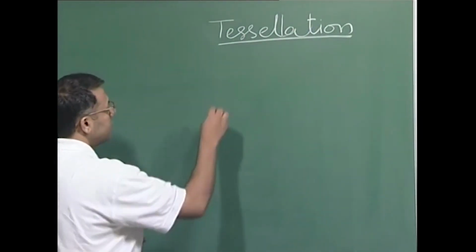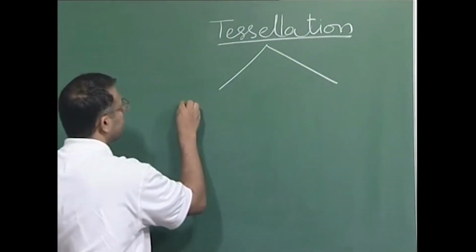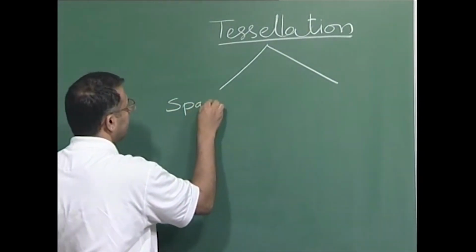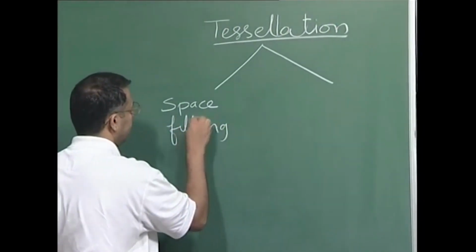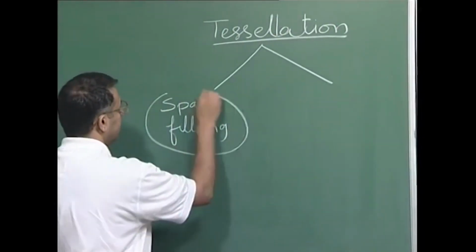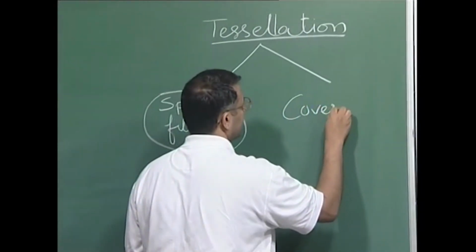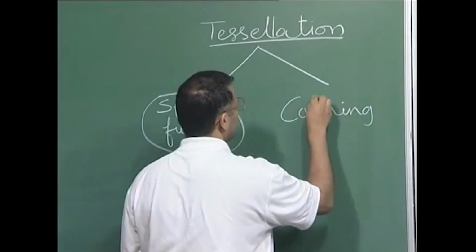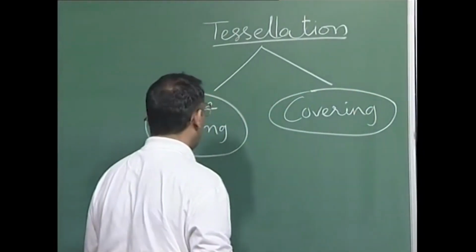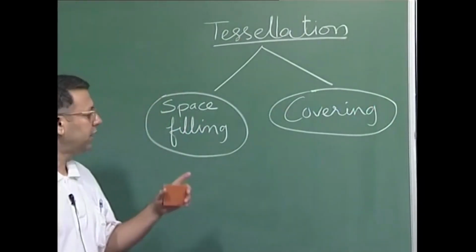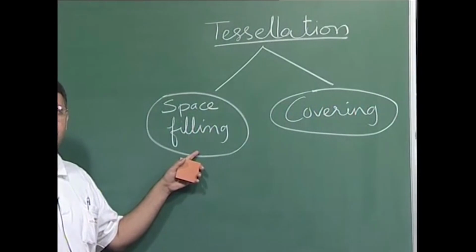Now, tessellations can be of 2 types: space filling and covering.